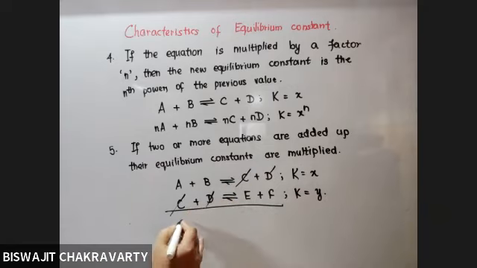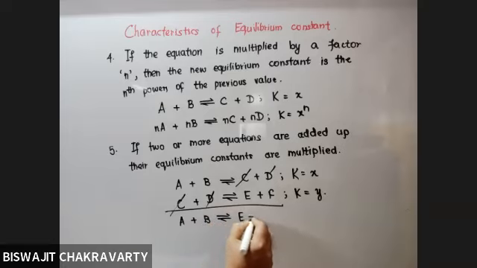And when C and D are cancelled, ultimately the equation that you get is A plus B reversible E plus F.